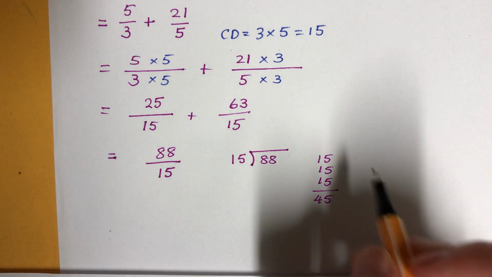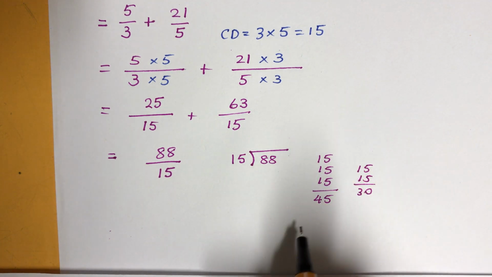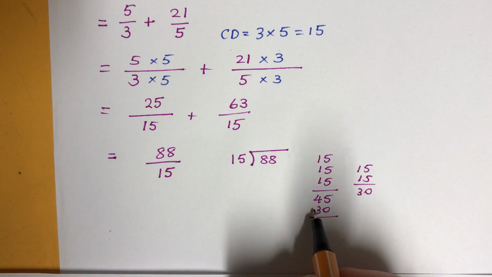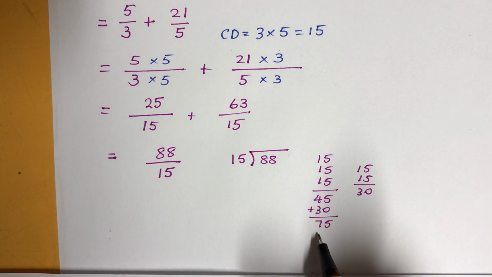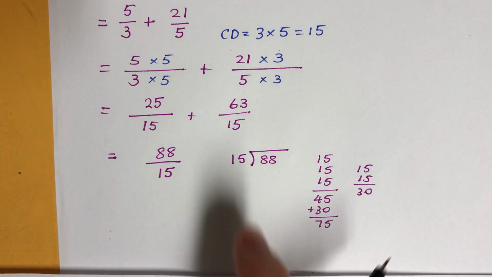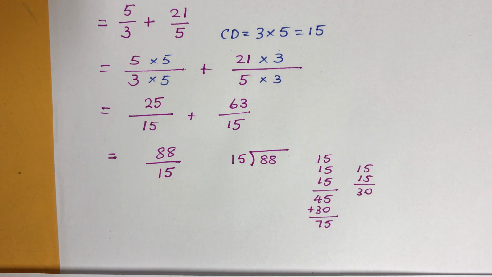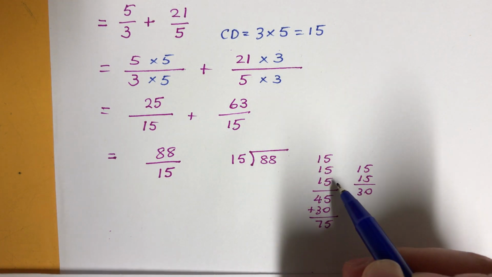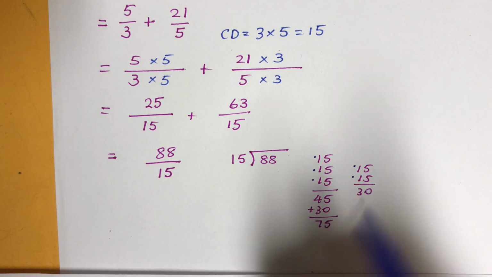So I'm going to add a little bit more. 15 plus 15 is 30. So if I add a 30, it'll be 75. Now, if I add a 15 here again, it will be 90, so it'll be over 88, and I can't do it. So how many 15s go into to make a 75? 1, 2, 3, 4, 5.